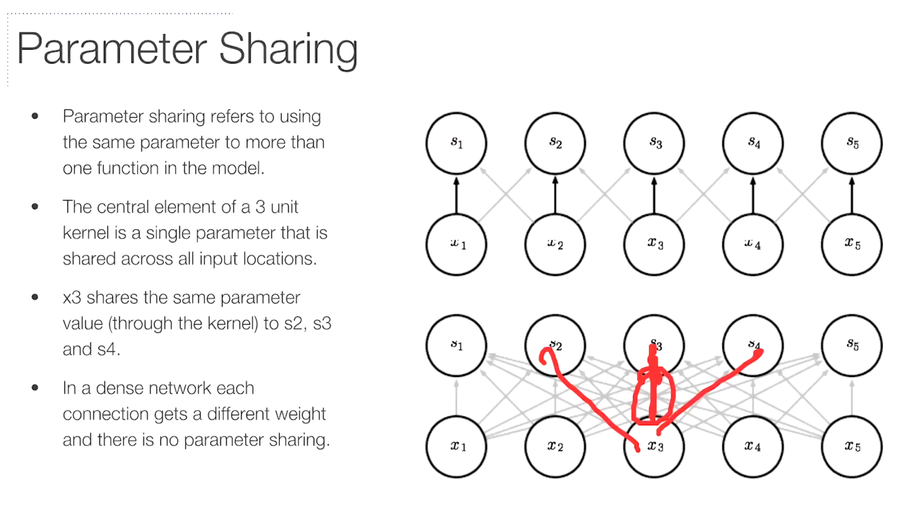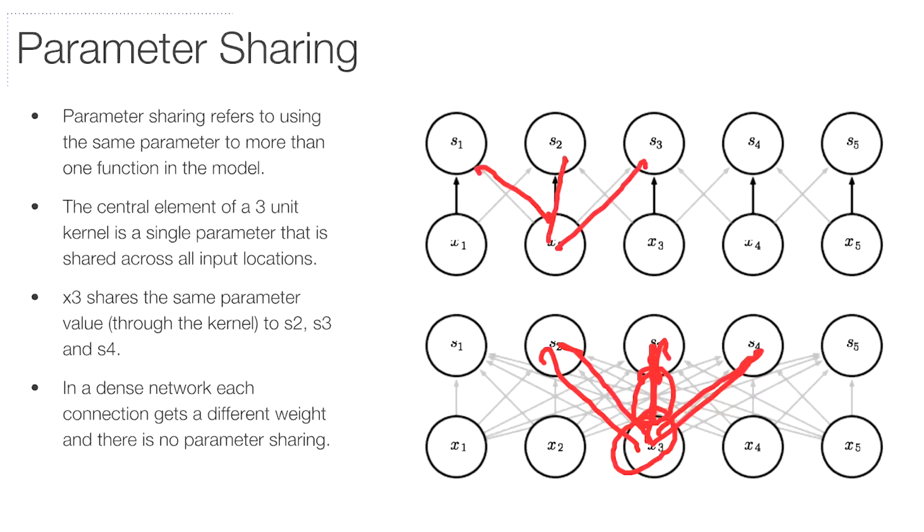Those are the parameters that are learned in your kernel. So whatever the kernel learns from the receptive field will be passed across as is to three other neurons. That's called parameter sharing. In a dense network, the value for this parameter is different, and so is this one, and this one.